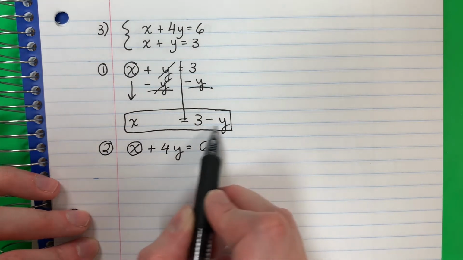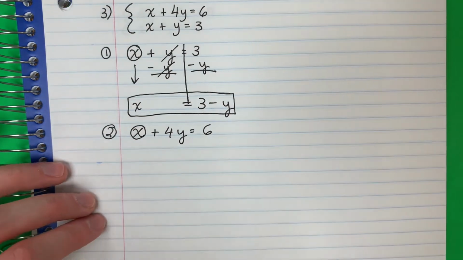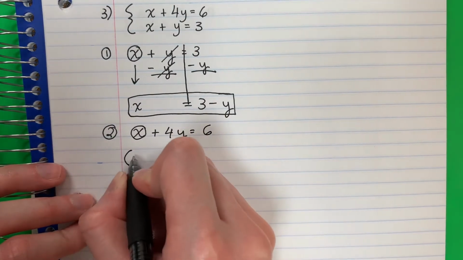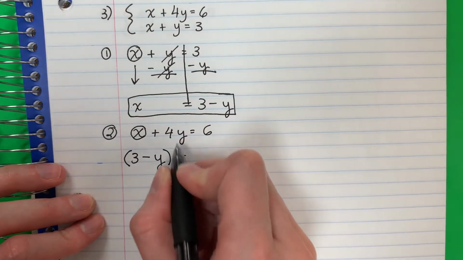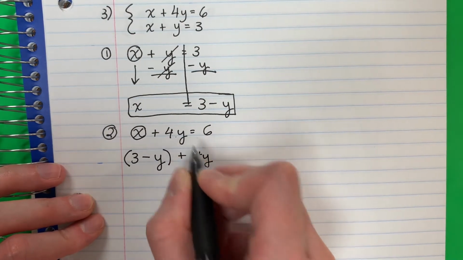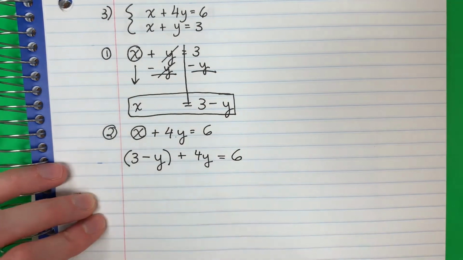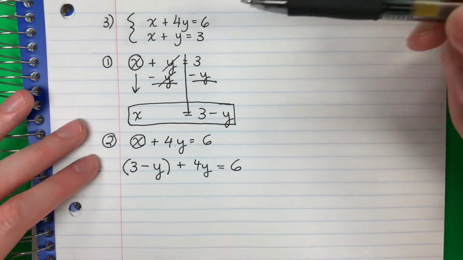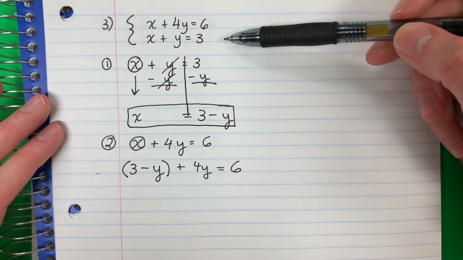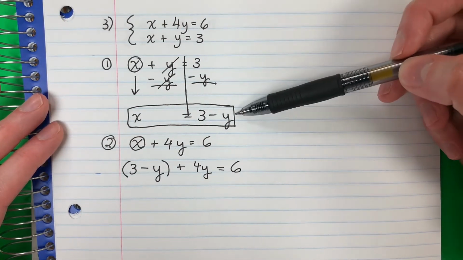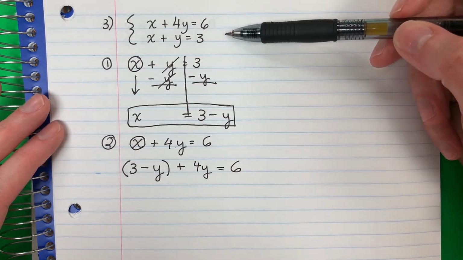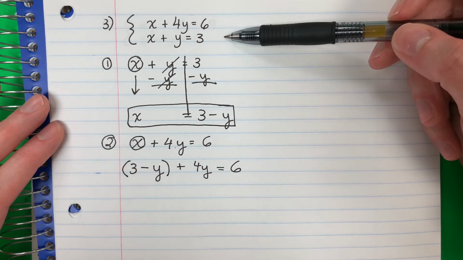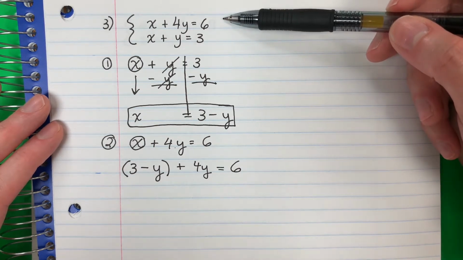I'm going to put 3 minus y. Voy a poner 3 menos y. So for x, parenthesis, 3 minus y, parenthesis, and copy. Plus, copy. 4y, copy. Equals, copy, 6. So remember, I changed the second one, okay, and I put what I have in the first one. Okay, recuerda, cambio la segunda y pongo en la primera, okay?